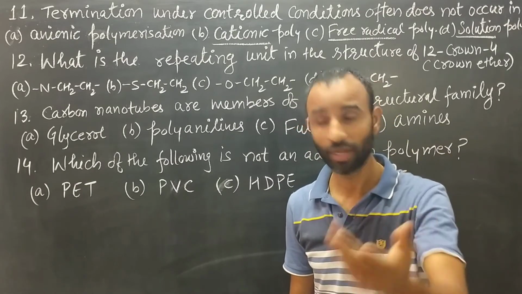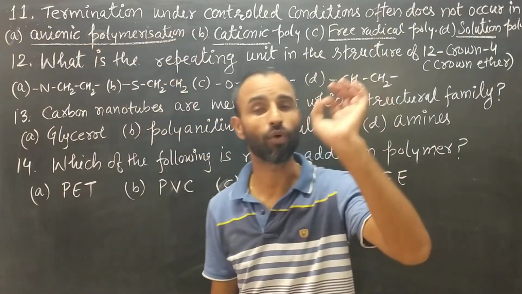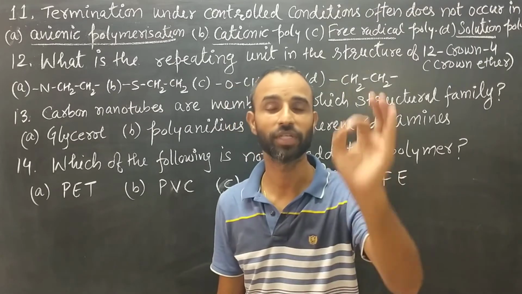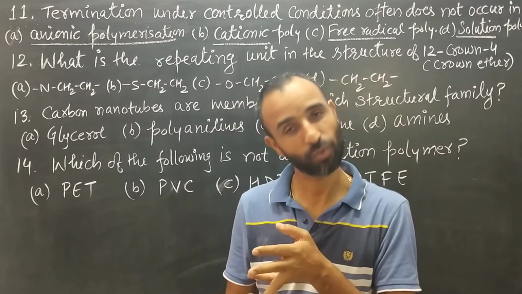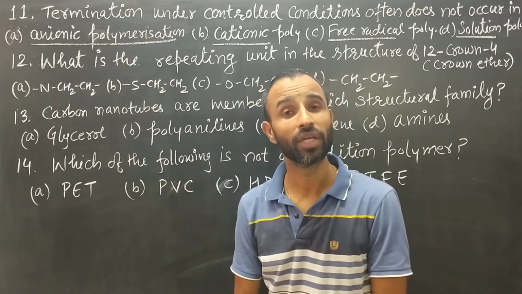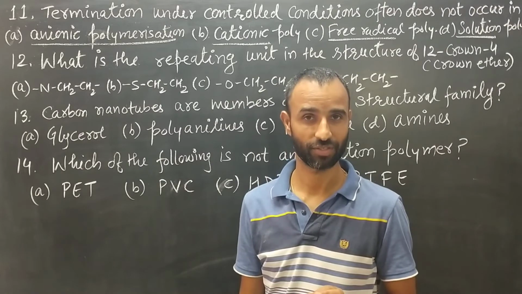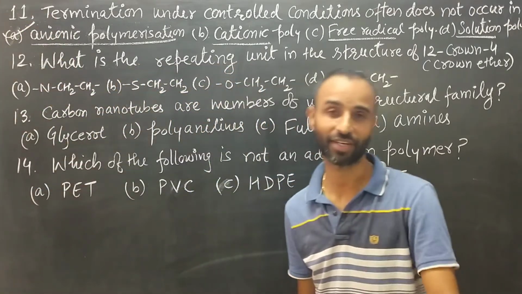But in anionic polymerization, there is no such formal termination step. There is only an initiation step and a propagation step, meaning living polymerization takes place. That's why option A is correct.